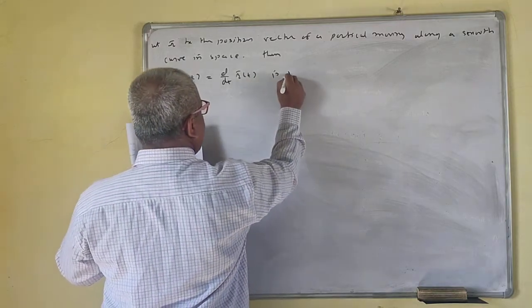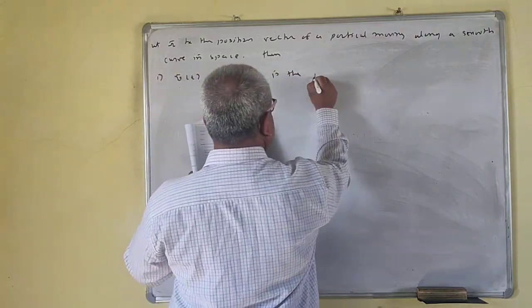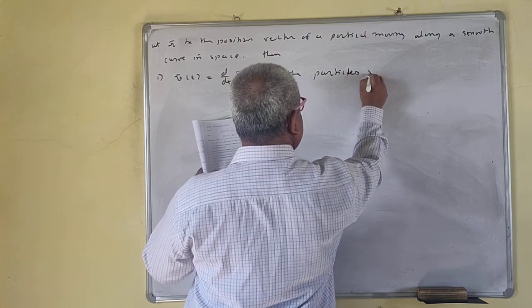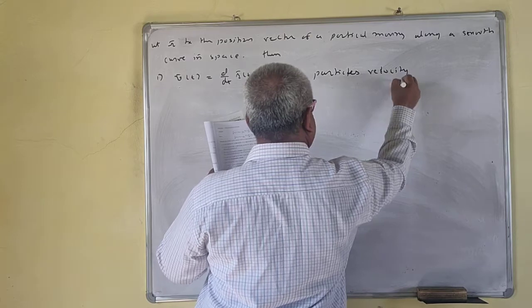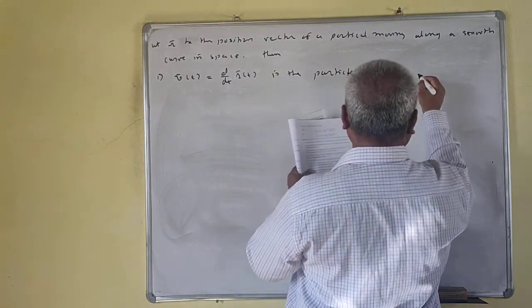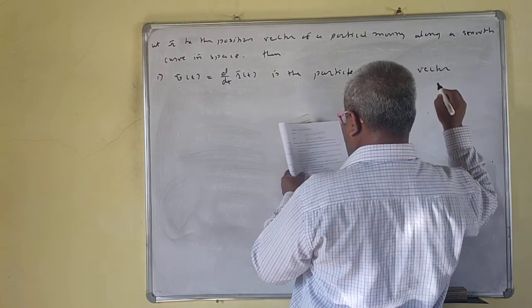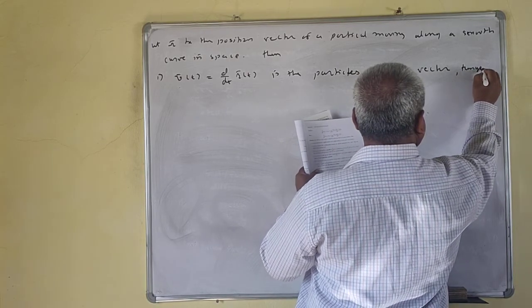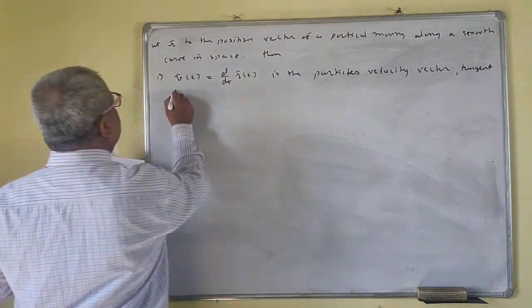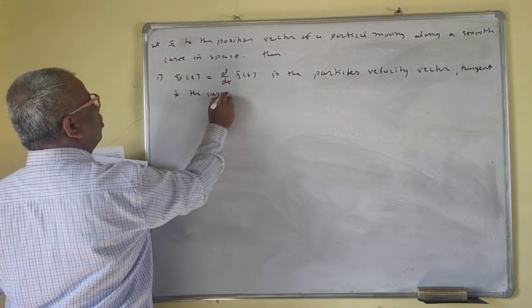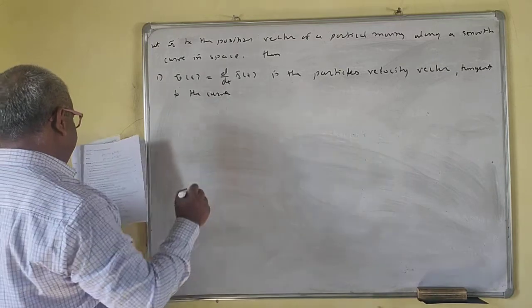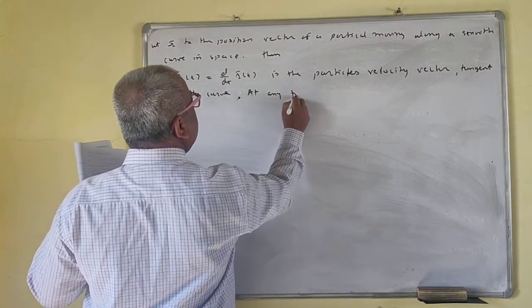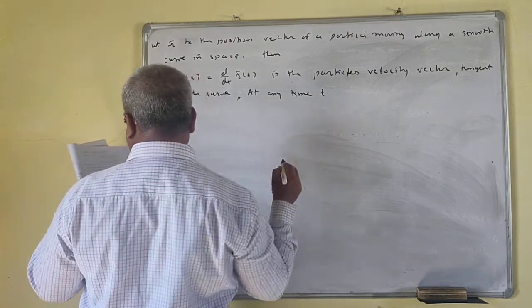It is the particle's velocity vector, tangent to the curve at any time t.